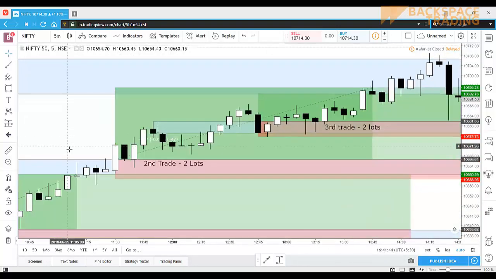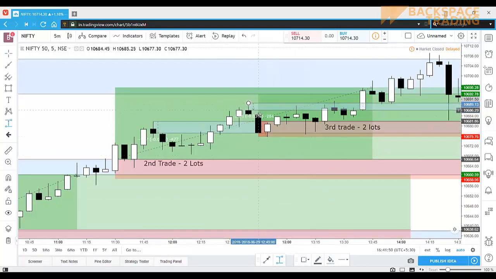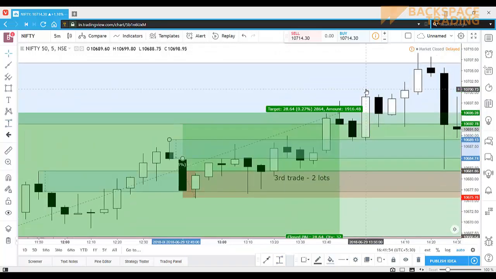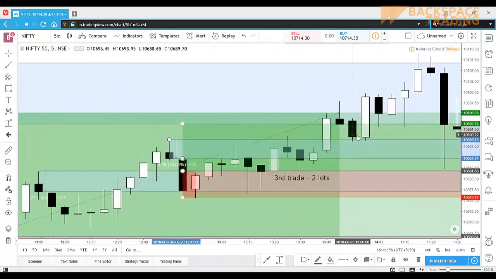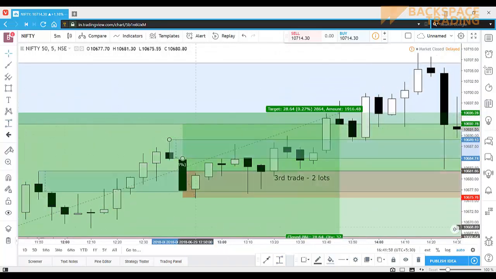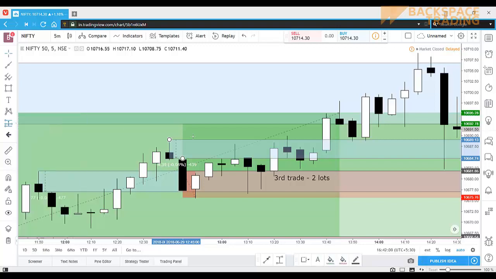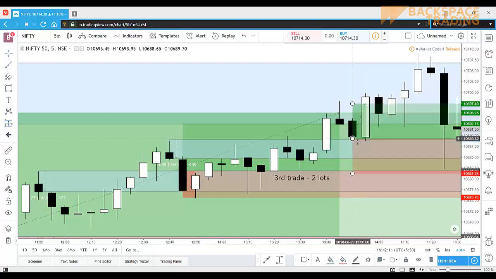Now again, this is your resistance. You have a breakout, the price comes back down. What do you do? Enter again. This is called actual average up. Usually people average down, but I'm making you average up.